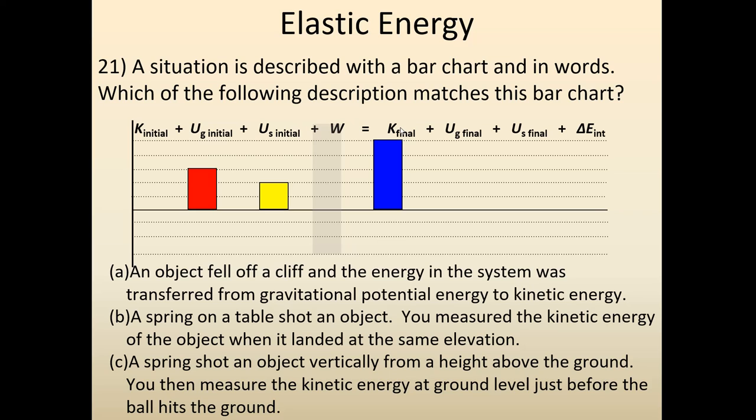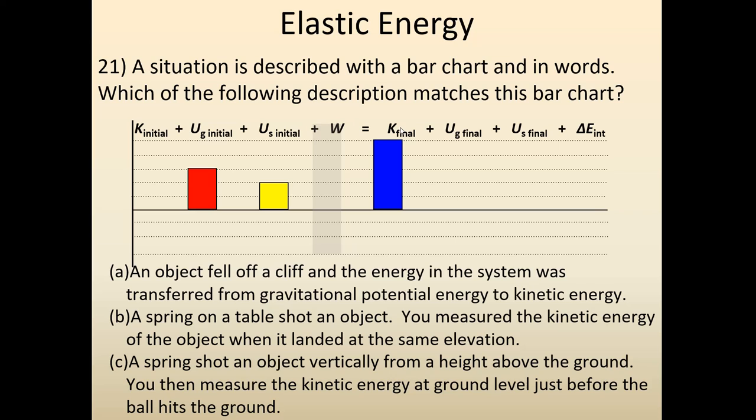All right. Now, if we look at these choices, we want to keep that in mind. So if I go through these, choice A doesn't make any sense, mainly because it doesn't mention anything about there being a spring. I have spring potential in my graph, and don't have it in that scenario, so A is wrong. B does have a spring on a table, but if you notice, it says it's landing at the same elevation.